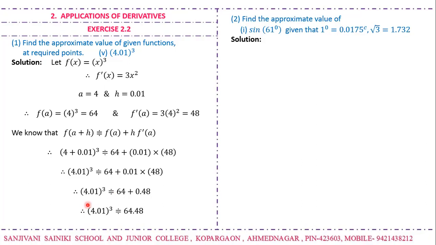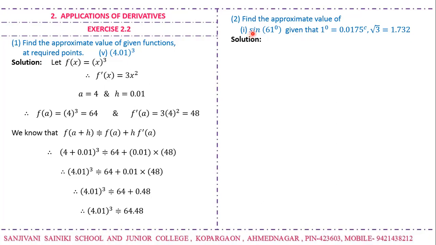Sine 61 degree we want to find, and it is given that 1 degree is 0.0175 radian and the value of root 3 is 1.732. Here we don't have to pay attention to the choosing of the function, because we have to choose directly sine x as it is given.